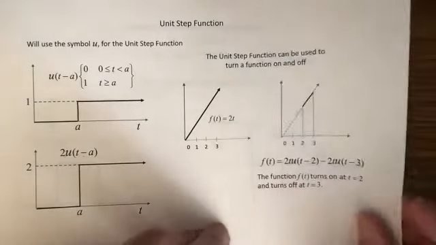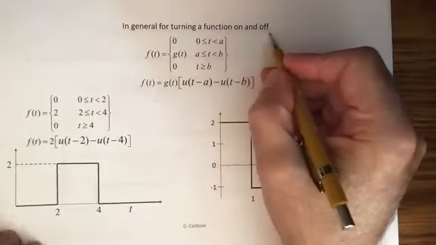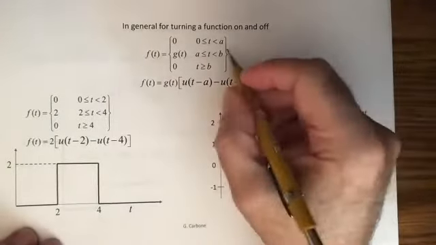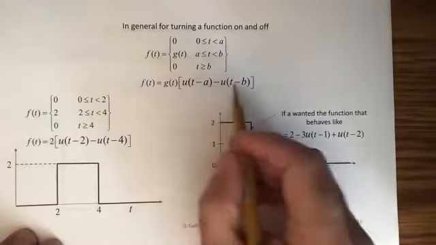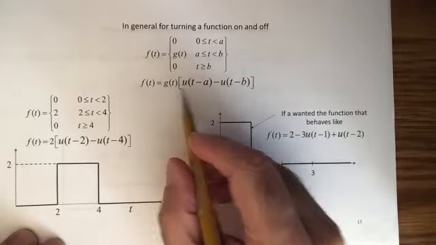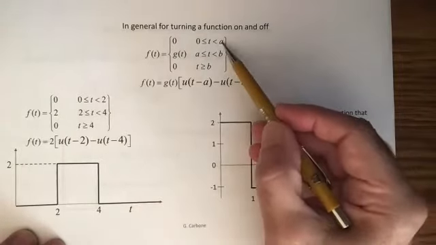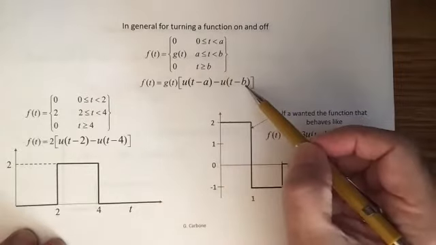Okay, so there's a very general form of turning a function on and off, where I could use this relationship here. You see this here? So I have some function g of t, and I want to turn it on at time t equals a, and I want to shut it off at time t equals b.